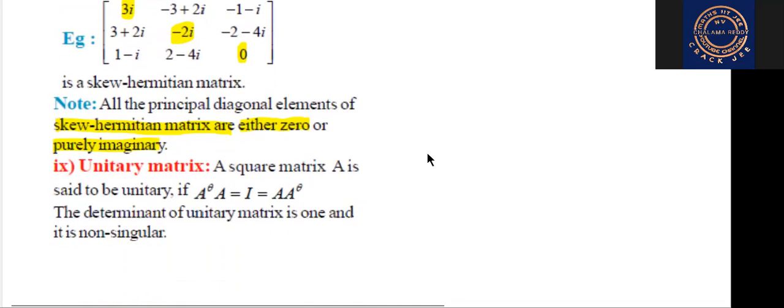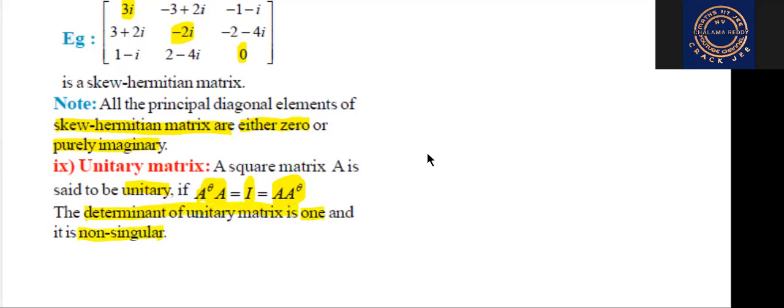Next, unitary matrix. A square matrix capital A is said to be a unitary matrix if A conjugate whole transpose into A is equal to A into A conjugate whole transpose is equal to I. The determinant of a unitary matrix is 1, and it is non-singular.